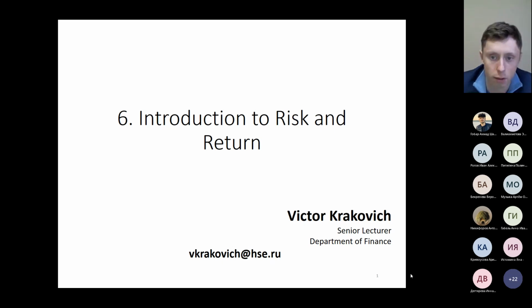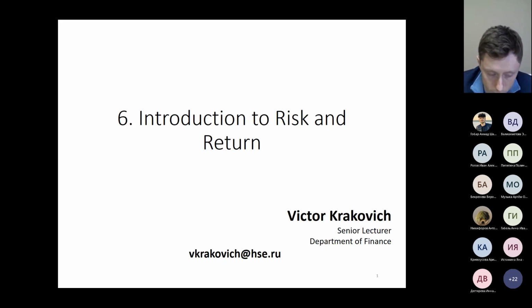We covered the part when we discussed the two main types of securities that are there in finance: stocks and bonds. Now we move to the main estimations of the performance of investments in those assets.